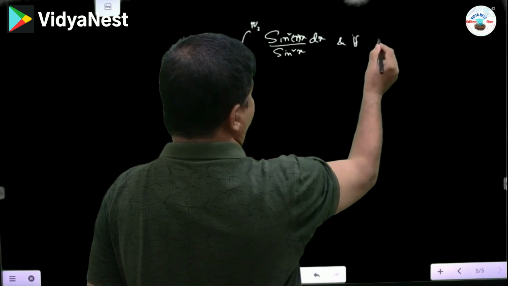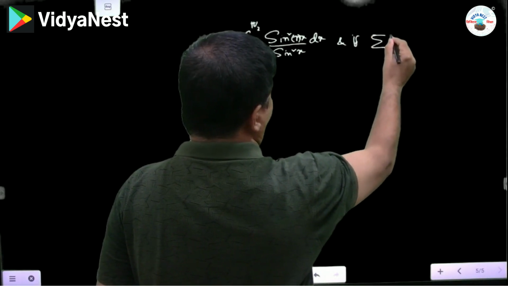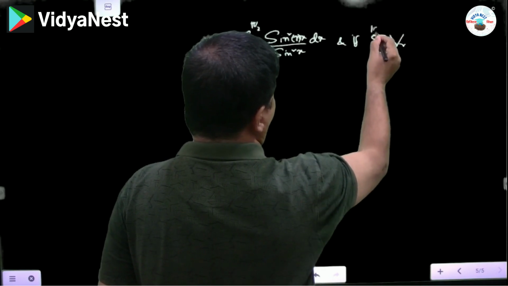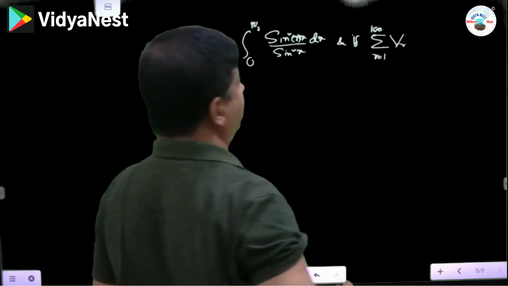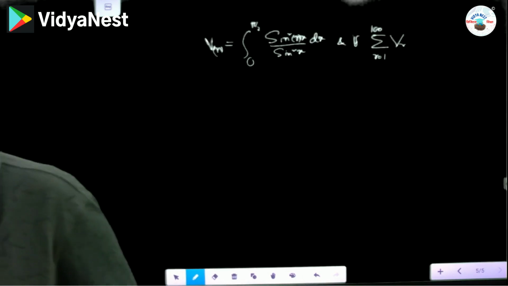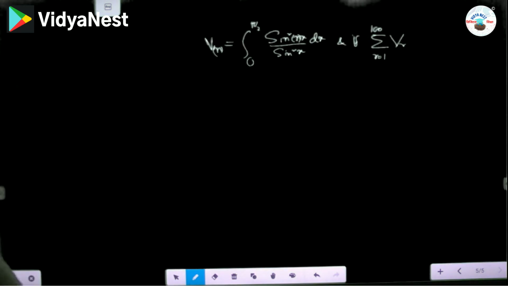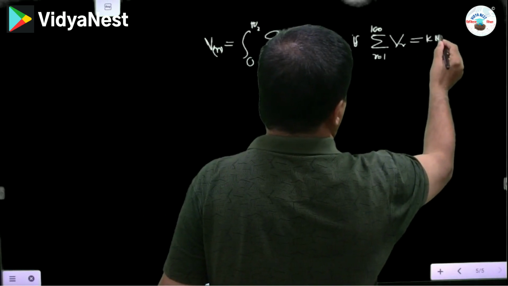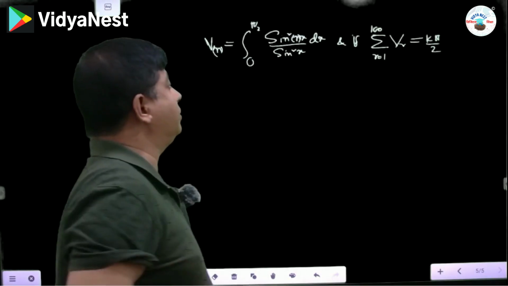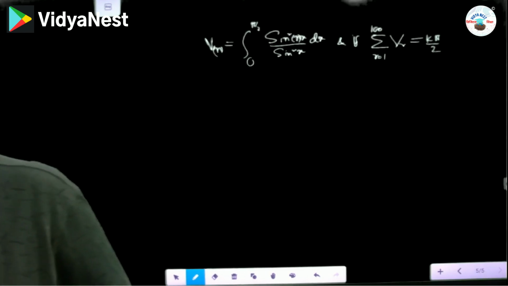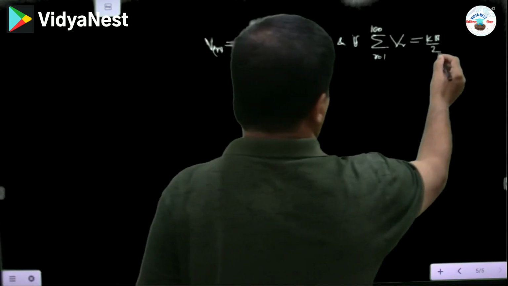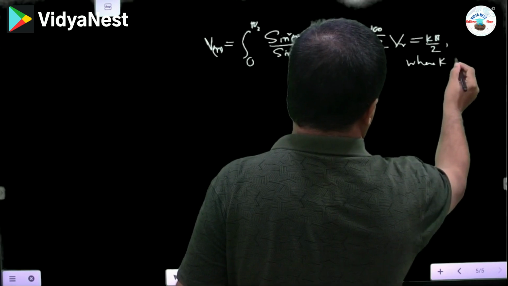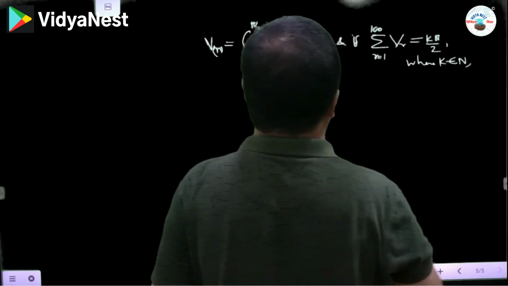And one more thing, the summation of Vr, r from 1 to 100, is equal to k pi by 2, where k belongs to natural numbers.